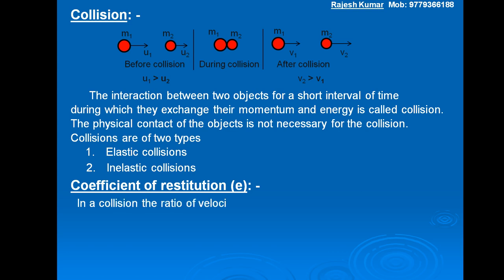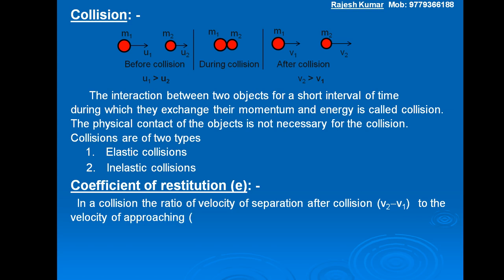In a collision, the ratio of velocity of separation after collision, that is v2 minus v1, to the velocity of approach u1 minus u2 before collision, is called coefficient of restitution.